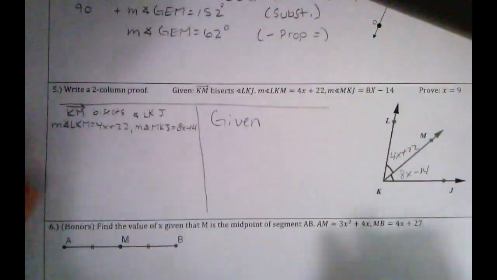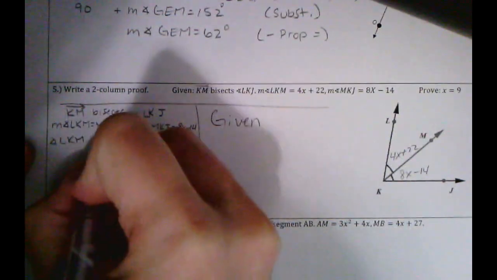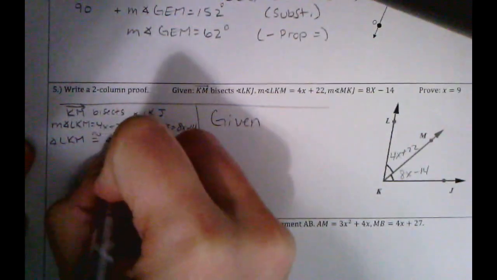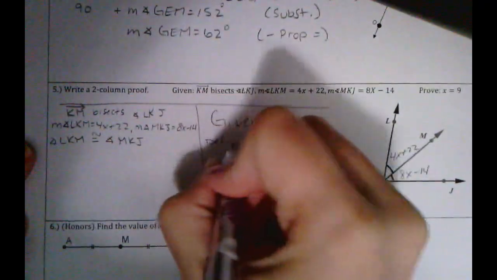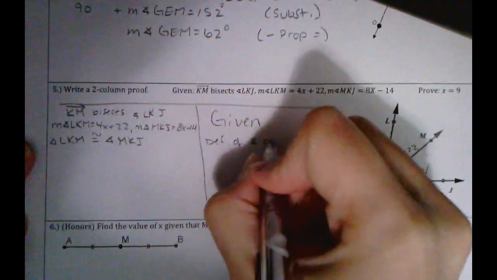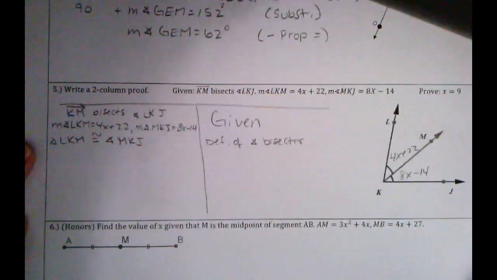So first, because KM is a bisector, LKM has to be congruent to MKJ by the definition of an angle bisector. Or you could just say definition of a bisector.